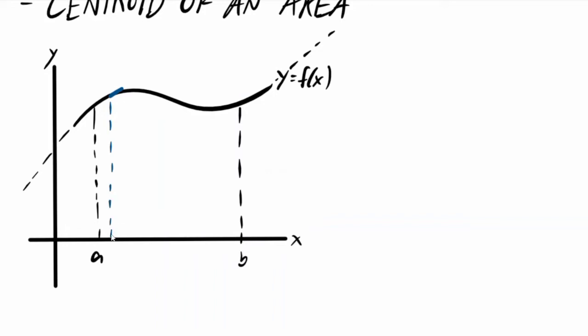This here is our y, and to this side it is our x. You can say that this strip is our dl, or differential length.